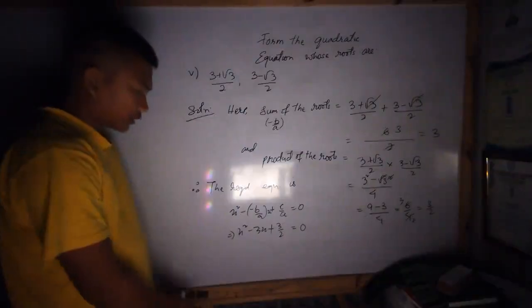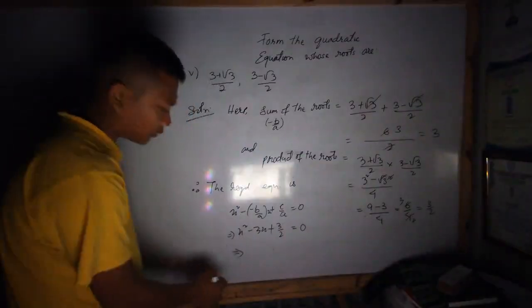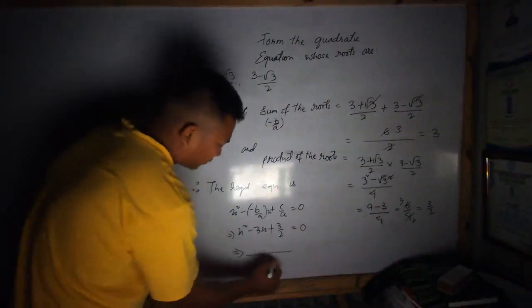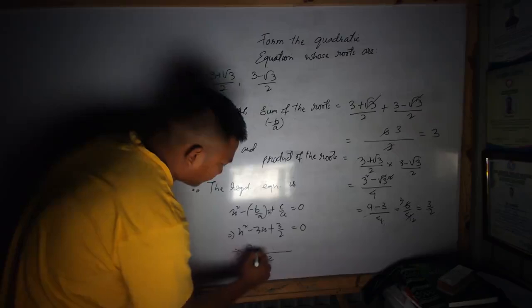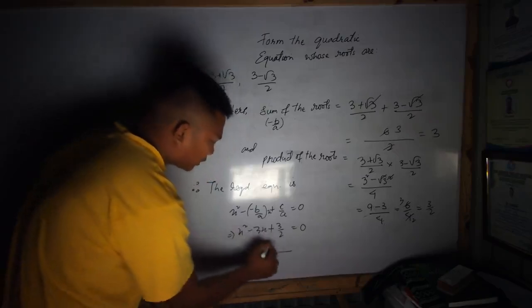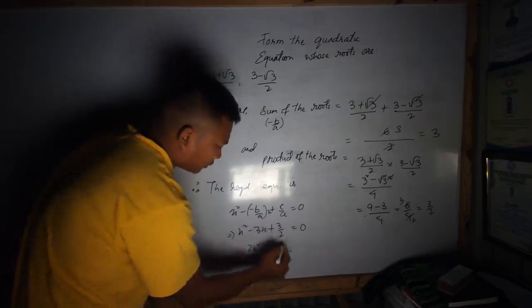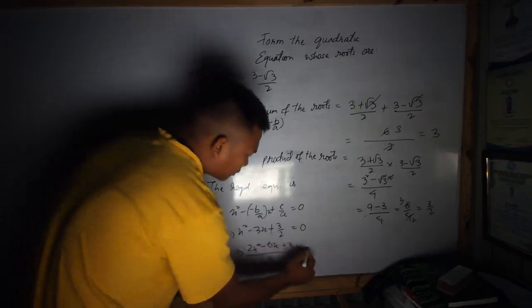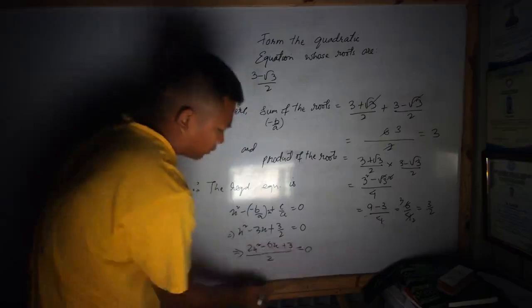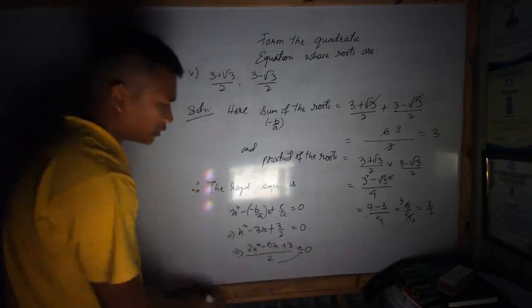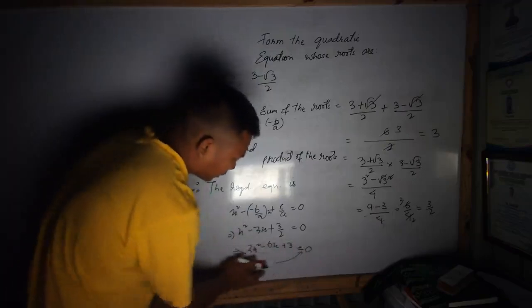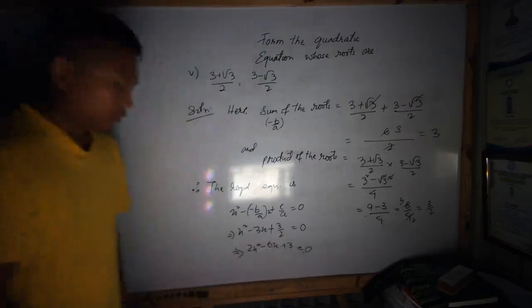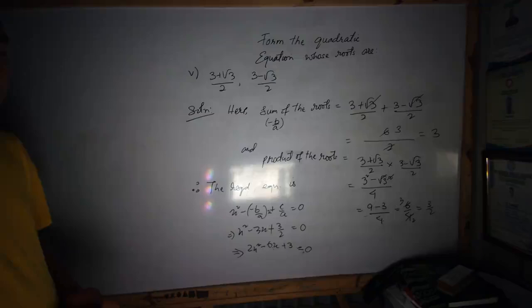Taking LCM 2, we get 2x squared minus 2 threes are 6x plus 3 is equals to 0. So the answer is 2x squared minus 6x plus 3 is equal to 0.